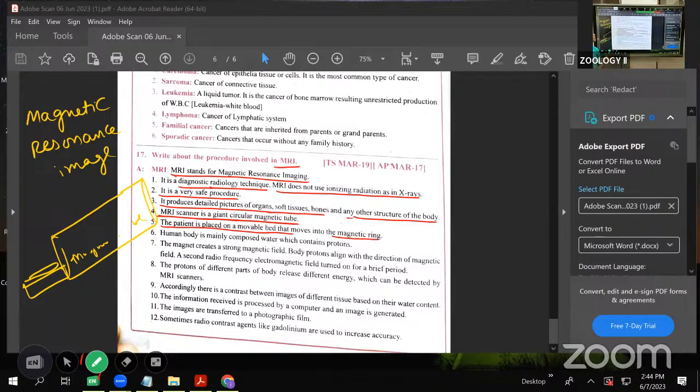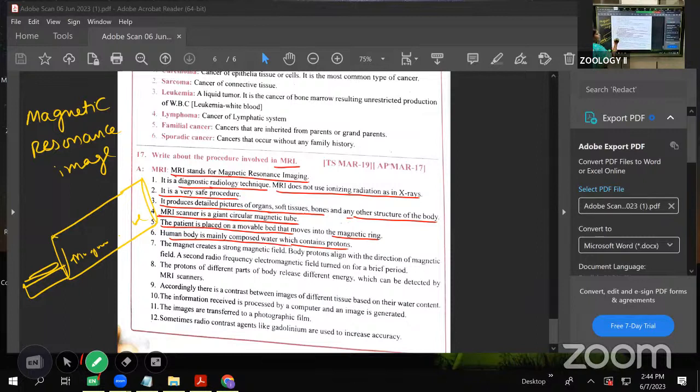Now, what happens: the human body is mainly composed of water, 92 to 99 percent water, which contains protons. In H2O, a number of protons are present.